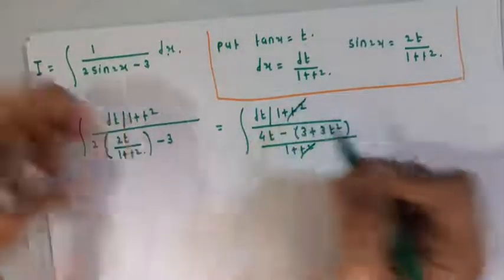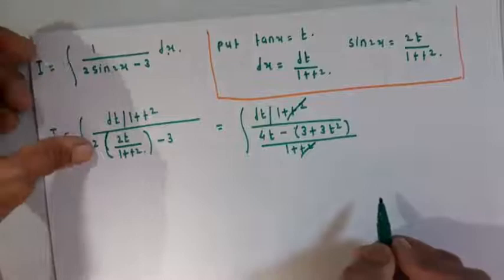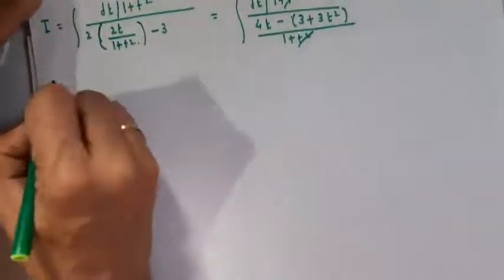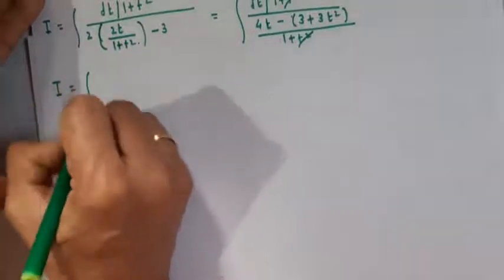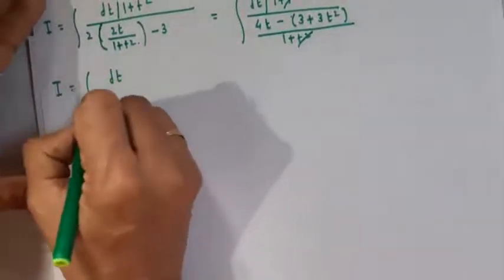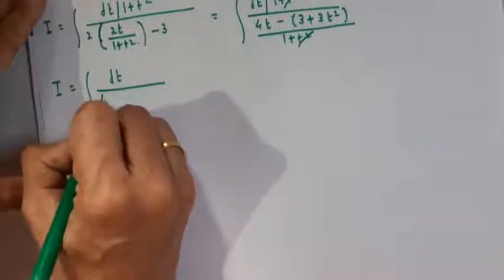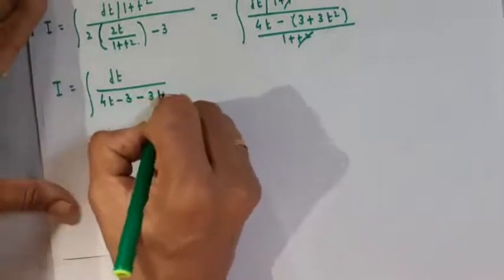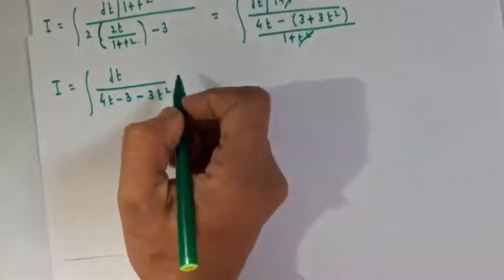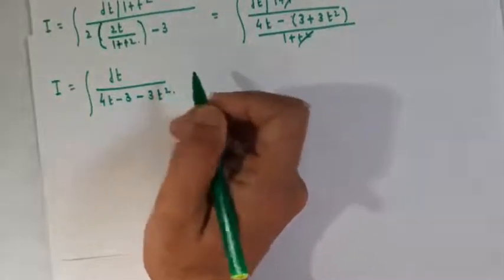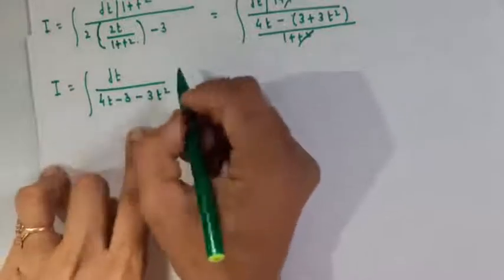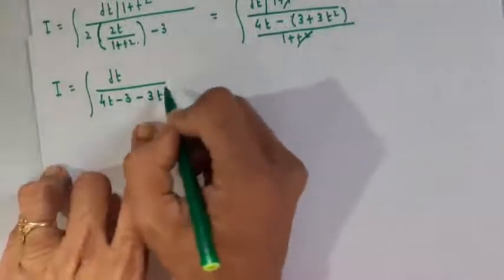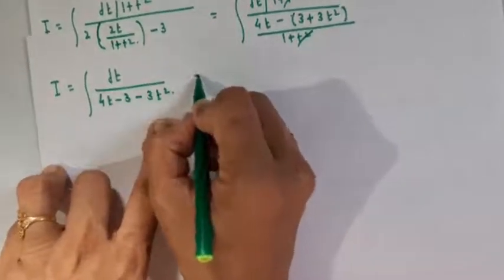This 1 plus t square gets cancelled, and now our integral is the integration of dt upon 4t minus 3 minus 3t square. Okay, and now by the special type of integral, let us take the negative sign outside the bracket.